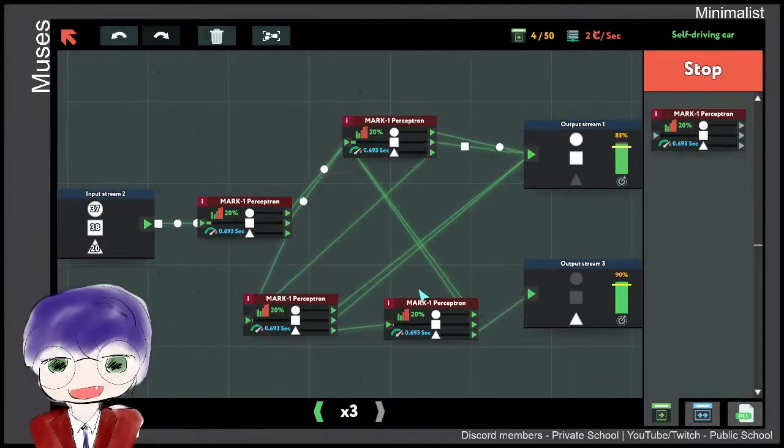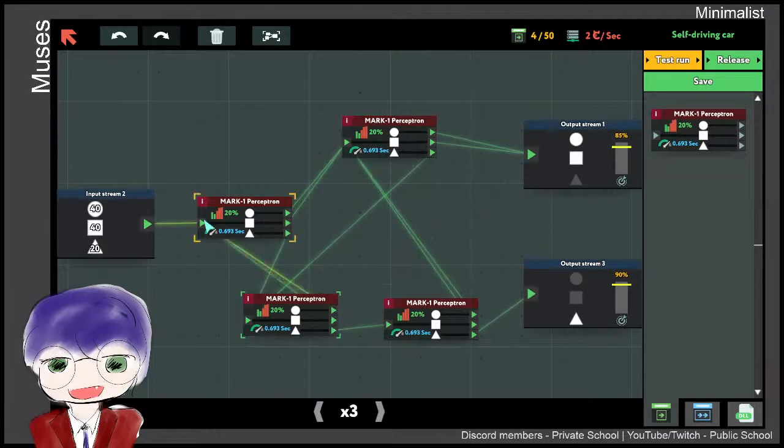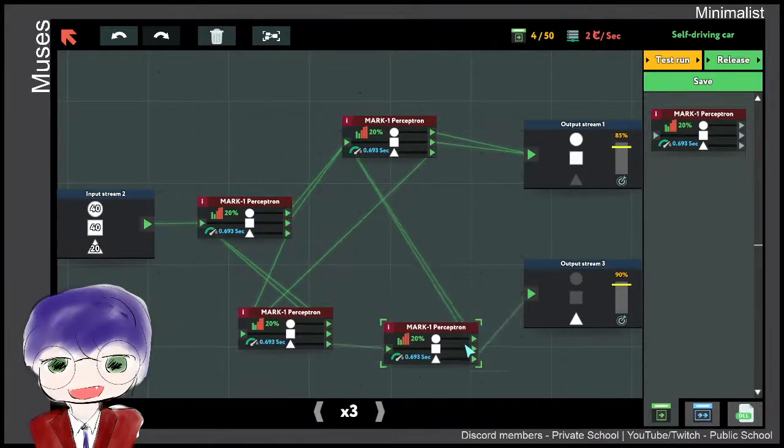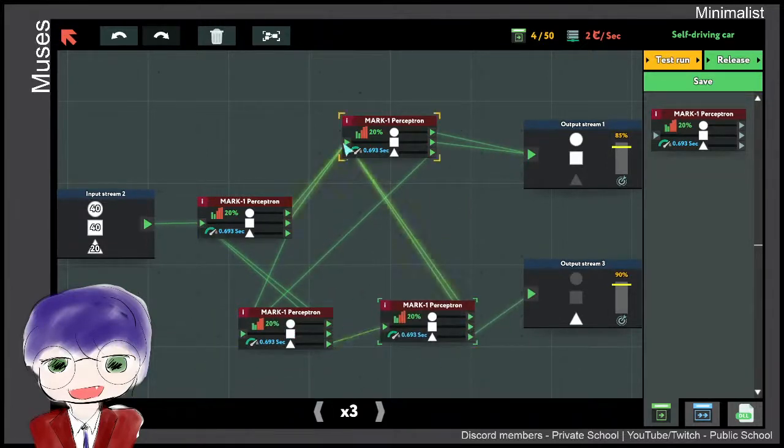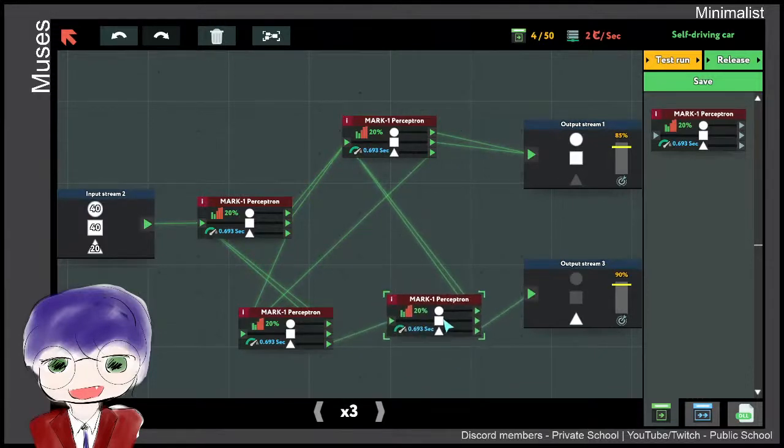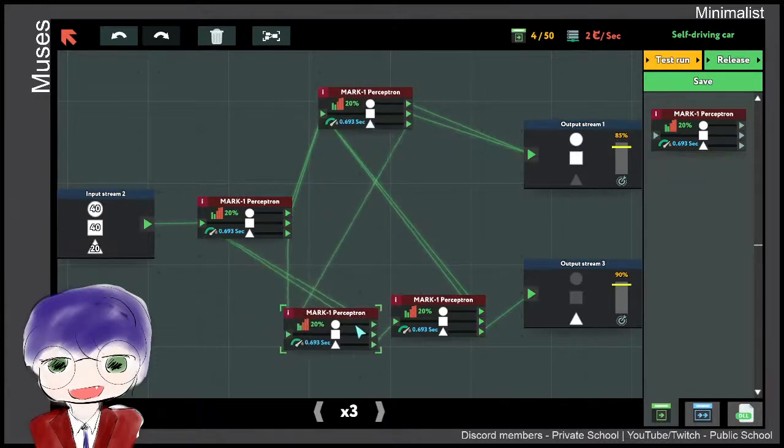Actually, you could theoretically loop it like this. Right? Like you could theoretically do that. And then everything that comes out of here will go over there.